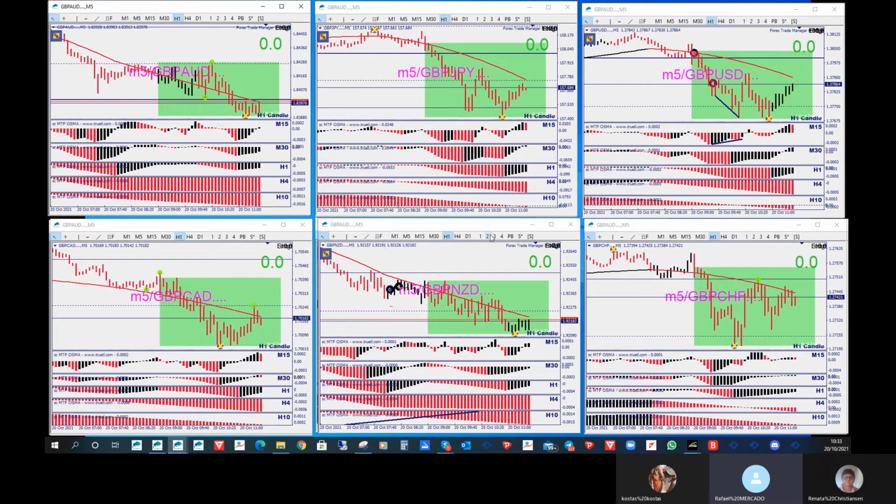But yes, we need to learn how to read the market structure, focusing on only a few pairs. For the moment, we are learning the system.